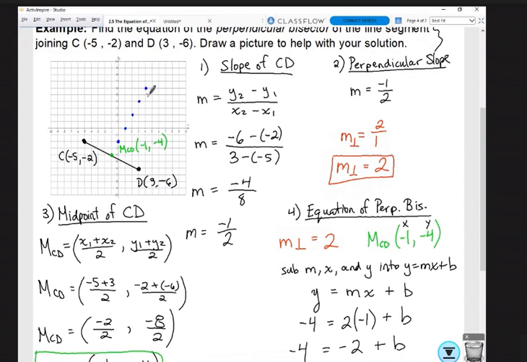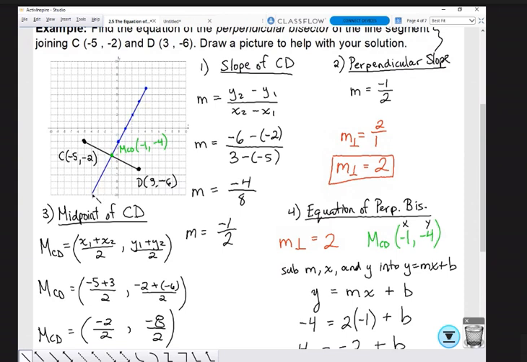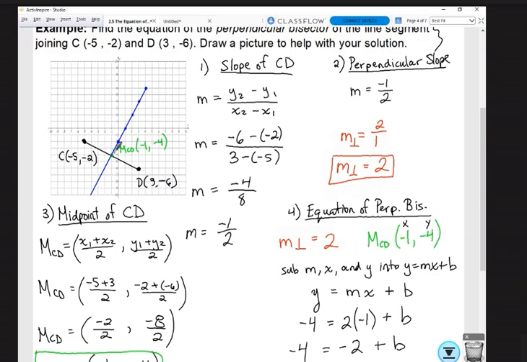This is our perpendicular bisector. If you have a look, it looks quite perpendicular. And we know that it is for sure because the slopes are negative reciprocals of one another. So that blue line there is the perpendicular bisector.